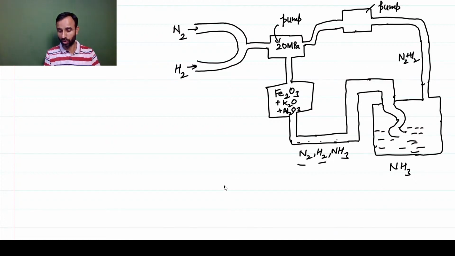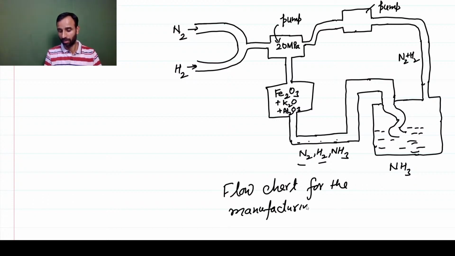So this is the flow chart for the manufacturing of ammonia. What we do, first N2 gas and H2 gas are inserted into the pump which is maintained at 20 megapascal.